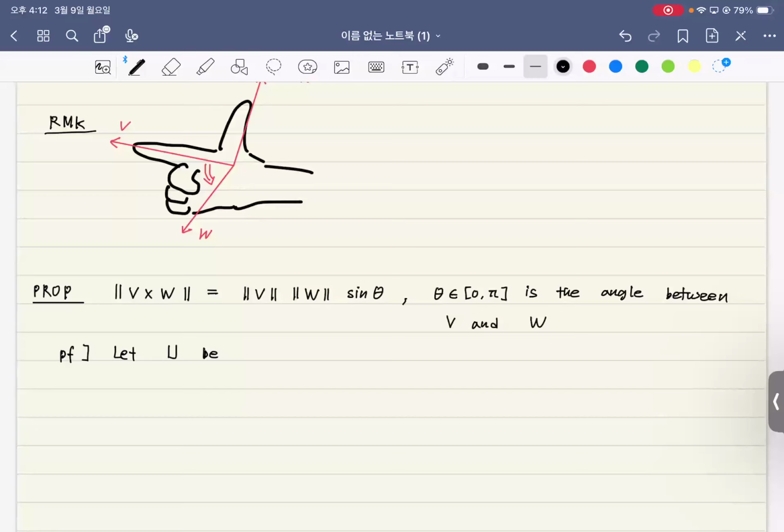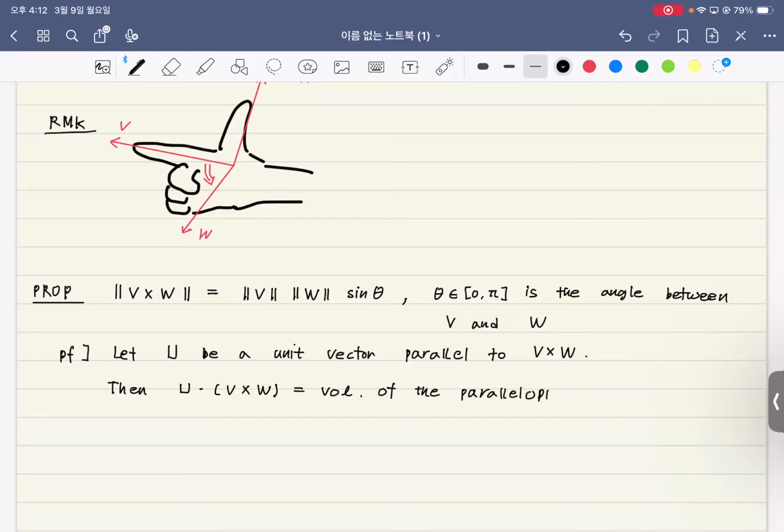Suppose that I introduce another vector U, which is a unit vector pointing in the same direction as V cross W. Then I want to consider this triple product, U dot V cross W. This is going to be the volume of the parallelepiped. Which parallelepiped?